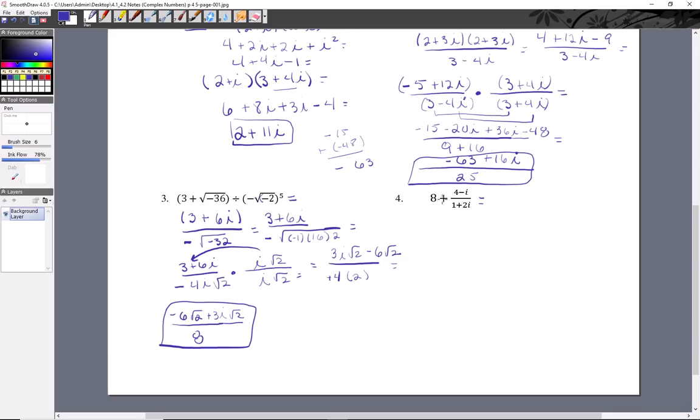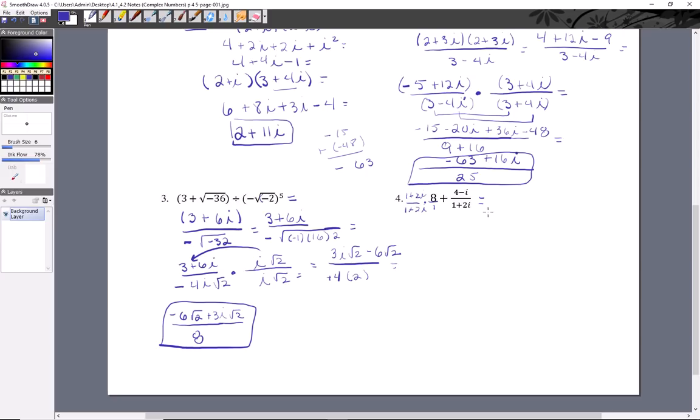And this may seem like, okay, what do I do with this 8? Well, you've got to make this whole thing, this term and this term, into one fraction. So what I'm going to do is take this 8 over 1 and multiply it by 1 plus 2i over 1 plus 2i.